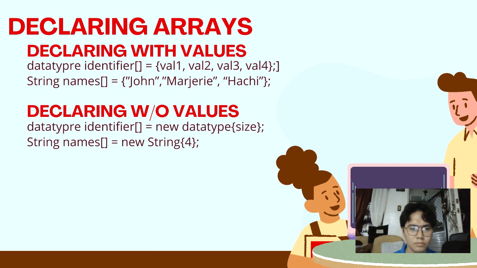And for declaring without values, we'll be using the data type identifier, new data type, curly braces, and size. So, string names, new string, for however many elements we will be using. If we will be using numbers, we just have to remove the string and change it into an int, or integer, for the numbers.